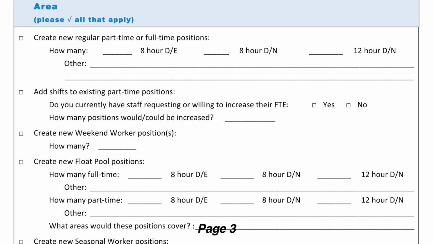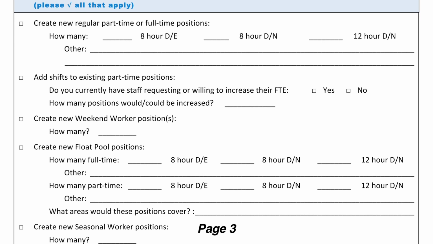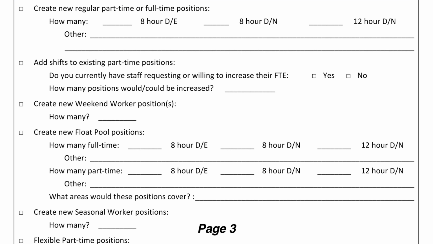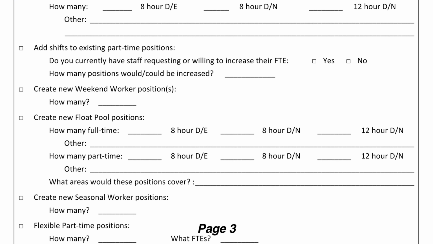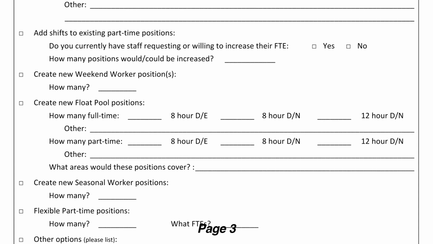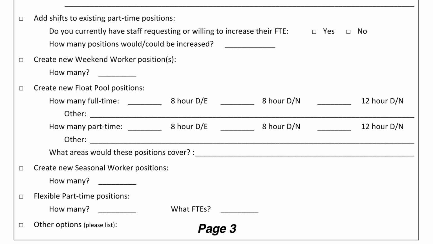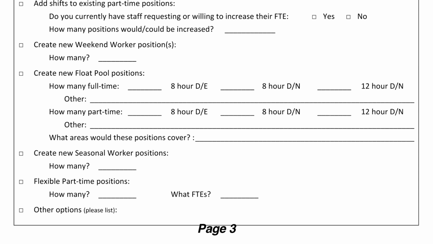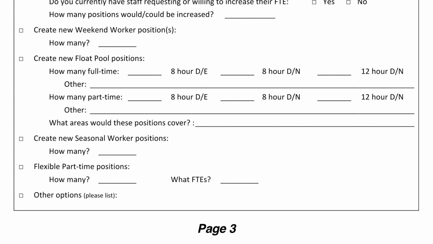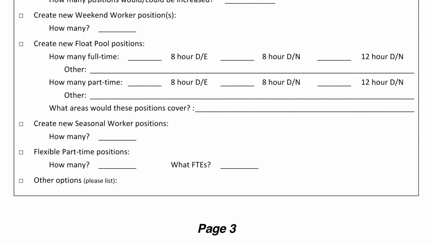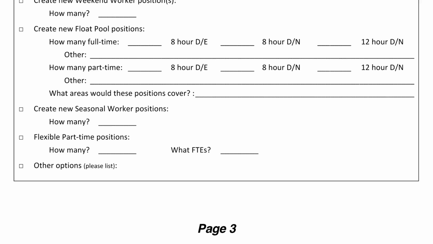Do they want to look at some creative options that are available, such as flexible part-time? Do they want to consider float pools because maybe one individual area doesn't have enough hours and patterns to regularize, but in combination with another like area, they may see some obvious patterns that would lend itself well to a float pool solution.